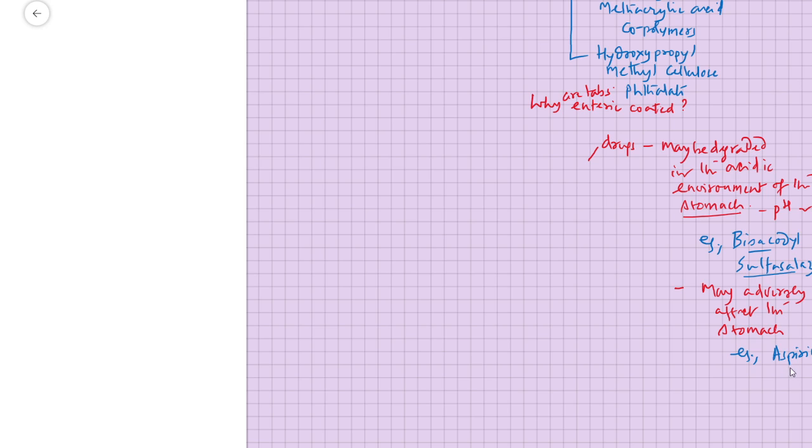The other example that could come to mind is potassium chloride. This also irritates the stomach mucosa.